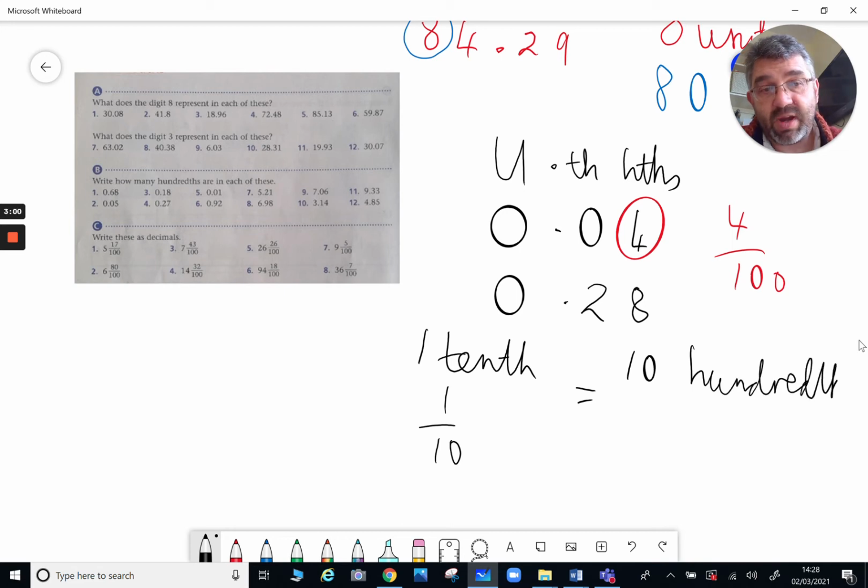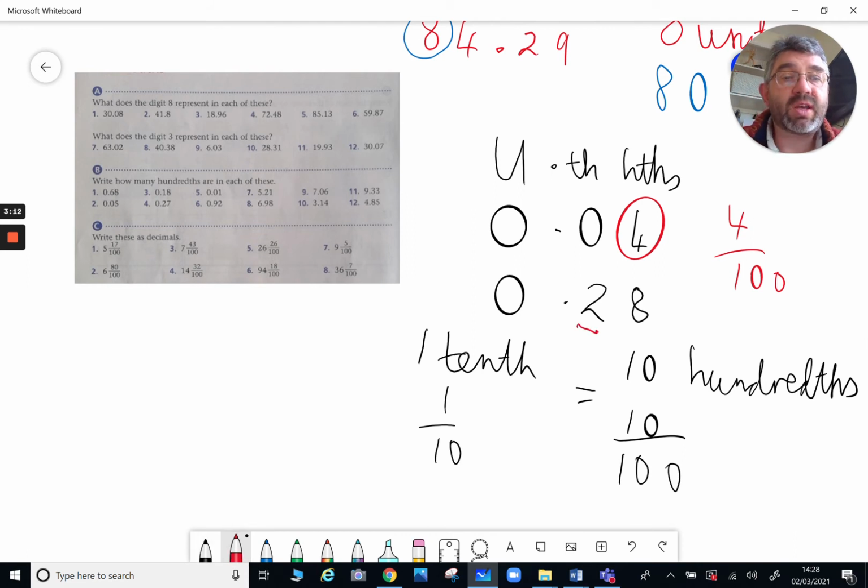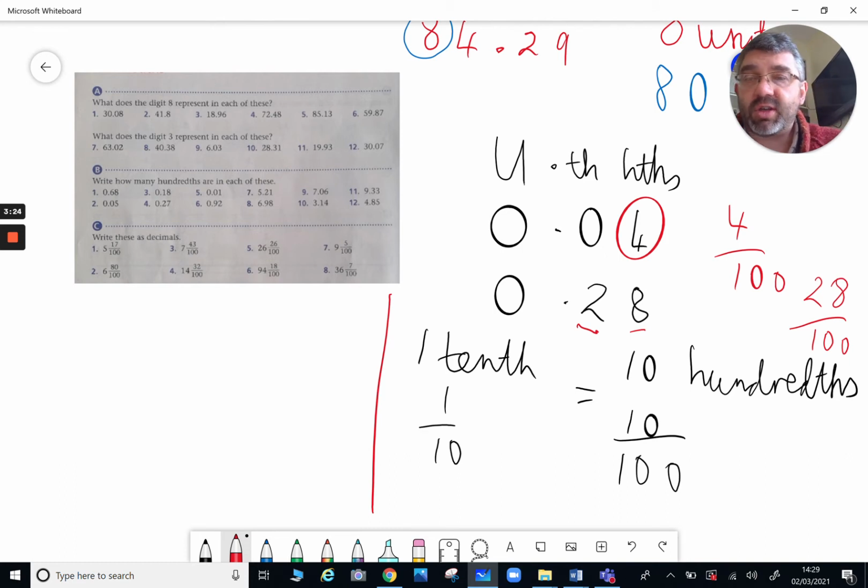Which means that your 2 tenths is actually 20 hundredths, and with your 8, you've got 28 over 100.